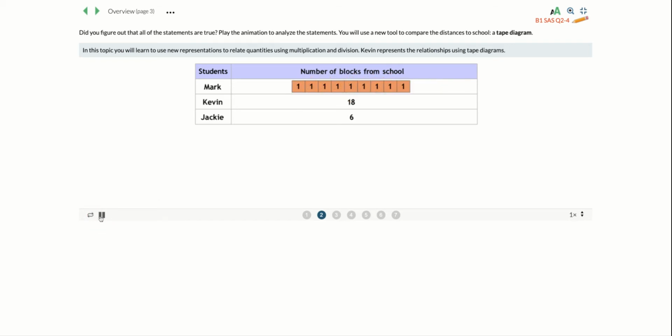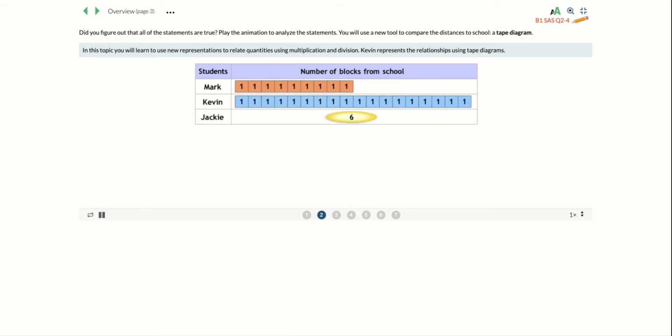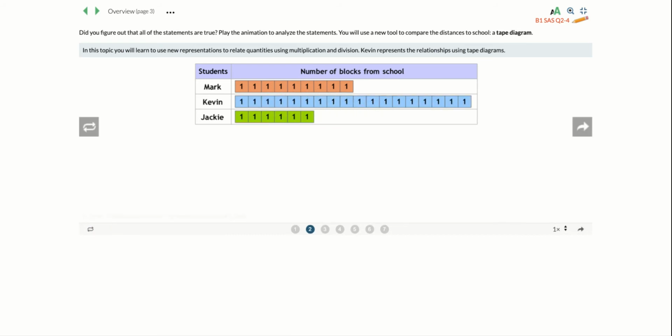Because there are 9 blocks that Mark traveled, it is represented by 1, 2, 3, 4, 5, 6, 7, 8, 9 boxes or blocks. Kevin's would have 18. So each box represents 1 block that they traveled. So you can see the tape diagram for Mark, Kevin, and Jackie.